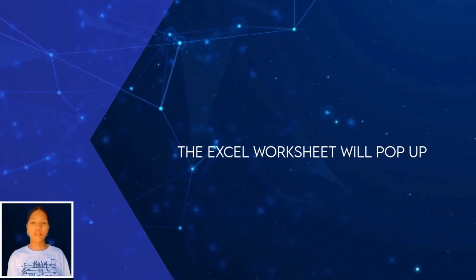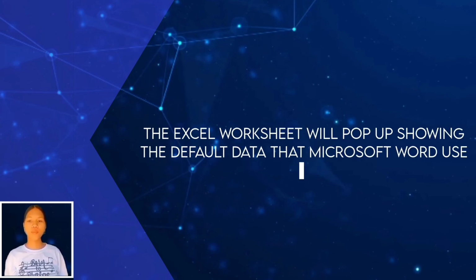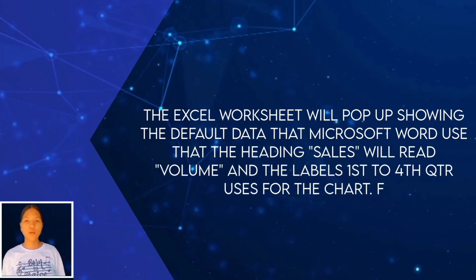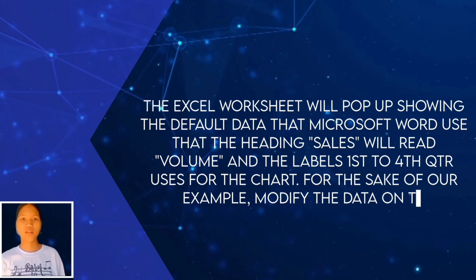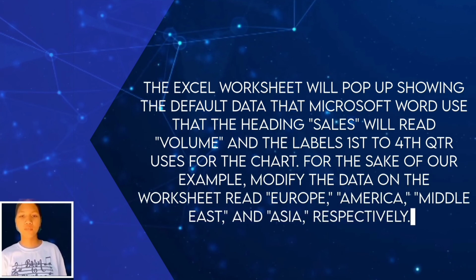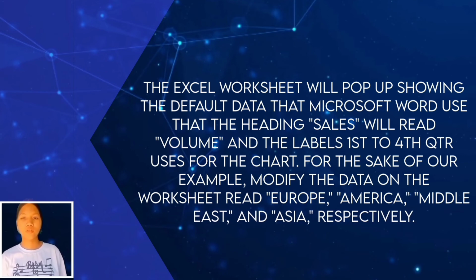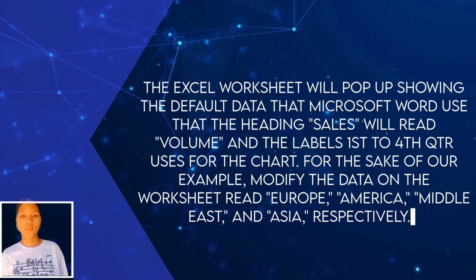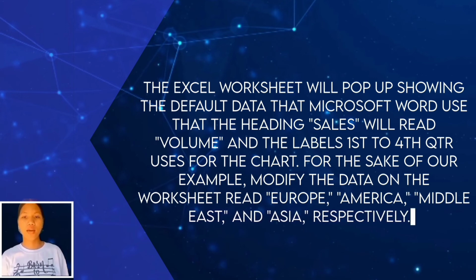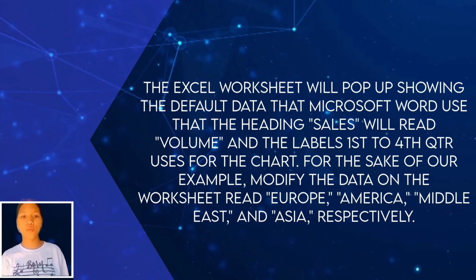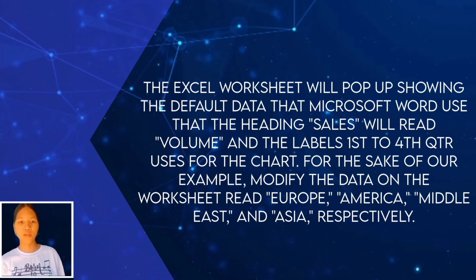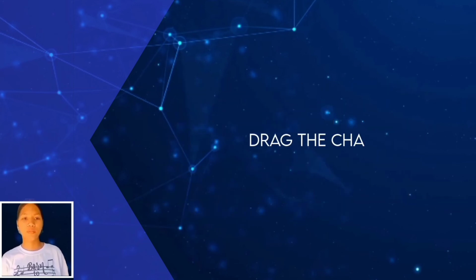14. The Excel worksheet will pop up showing the default data that Microsoft Word uses. For the sake of our example, modify the data of the worksheet so that the heading cells will read Volume and the labels first to fourth quarter will read Europe, America, Middle East, and Asia, respectively. 15.